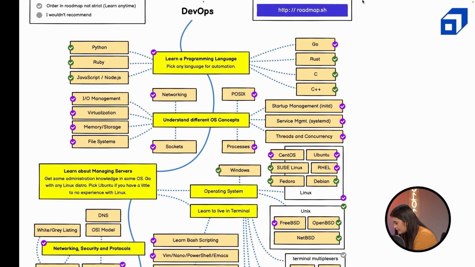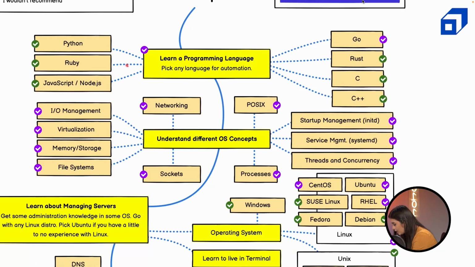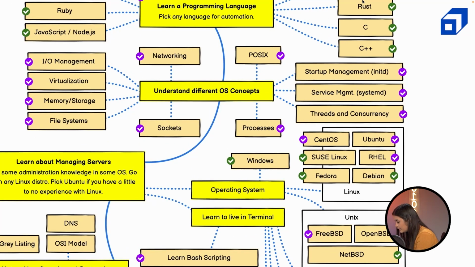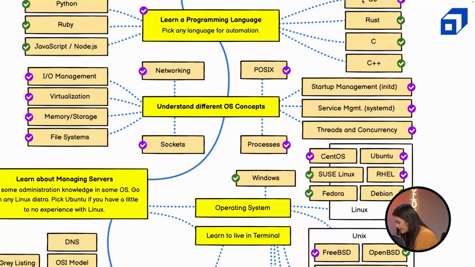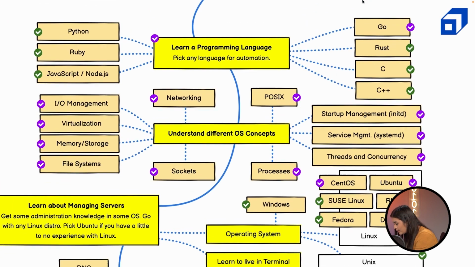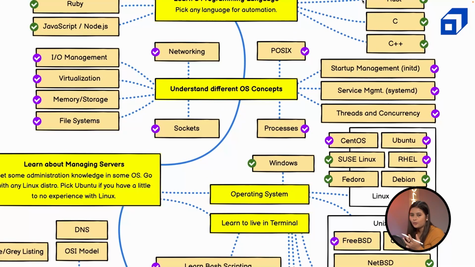If you look here as well, apart from the programming language, once you are done with the programming language, you have to understand the operating system concepts. This is from roadmap.sh, which is heavily used by all the developers, all the software engineers out there, right? So this is a bit complex to understand, but I am trying to make it simple.